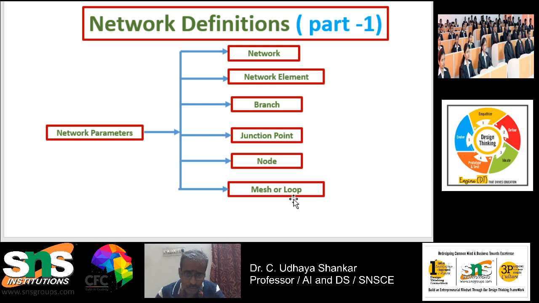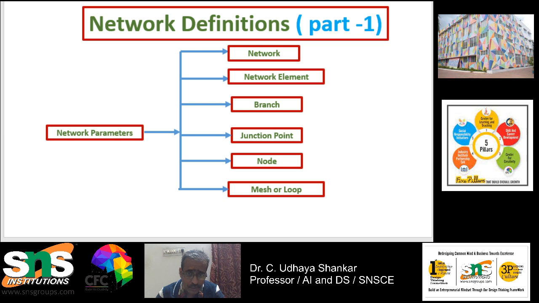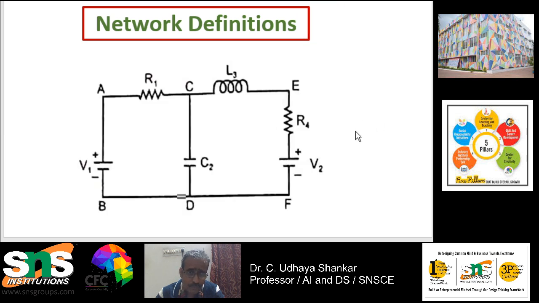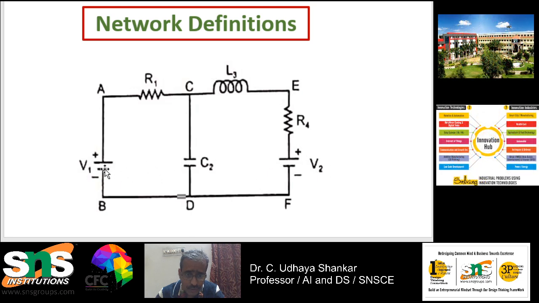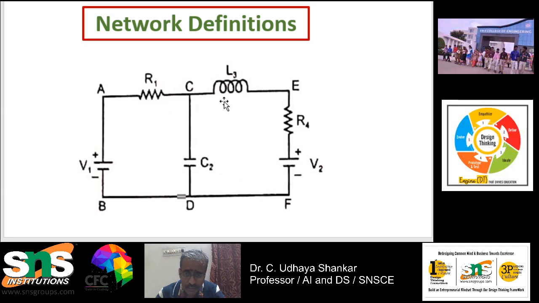In order to understand the definitions, I have taken a small circuit like this. In this circuit, we have two different voltage sources, V1 and V2, and RLC parameters: R1, then C2, that is a capacitance, then L3, that is an inductance, then R4, that is a resistance.